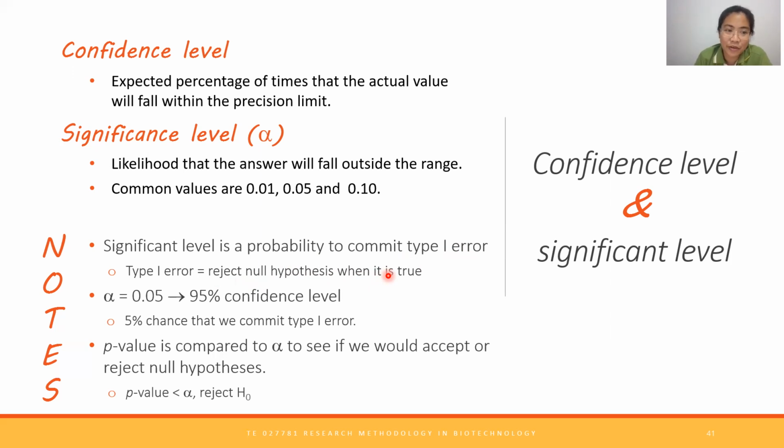For example, if you calculate things and then you conclude that temperature has an effect on growth with a significance level of 0.05 or 5%.